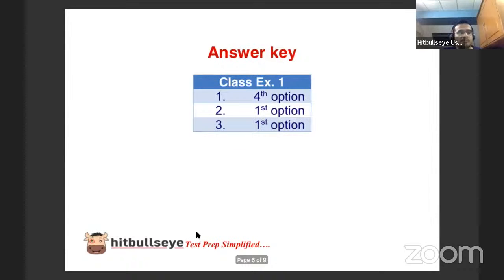Please check. Please confirm who all have got it right.